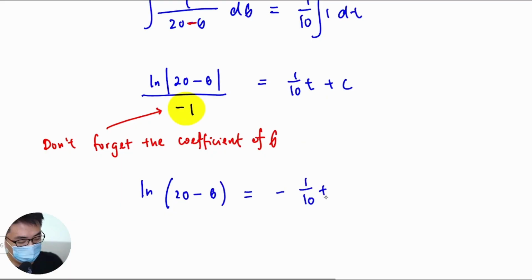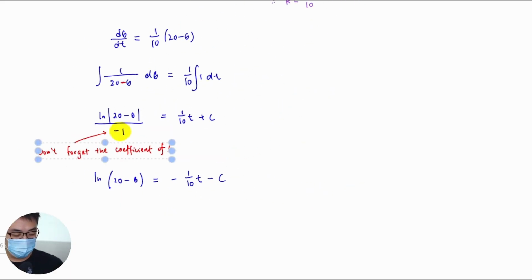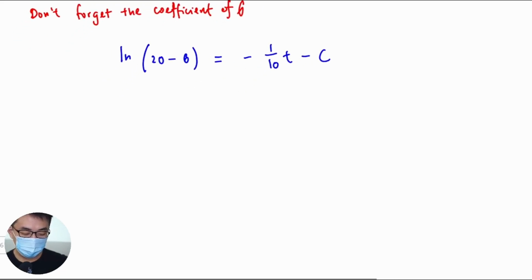Don't think that because I'm at a higher level I won't make them. I still make careless mistakes if I'm not very careful with the negative. Same with my professor at the university. So just be very careful with the negative there.